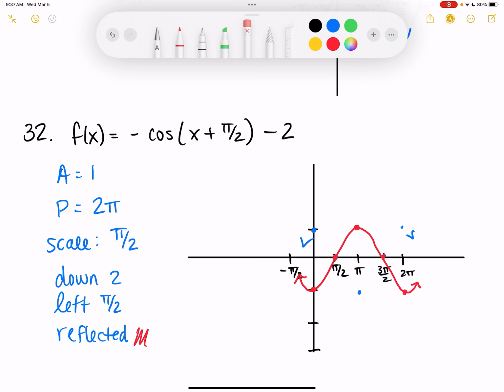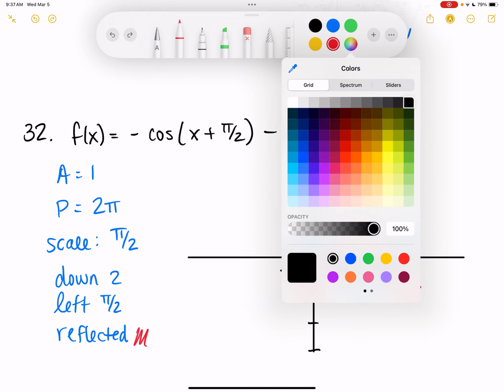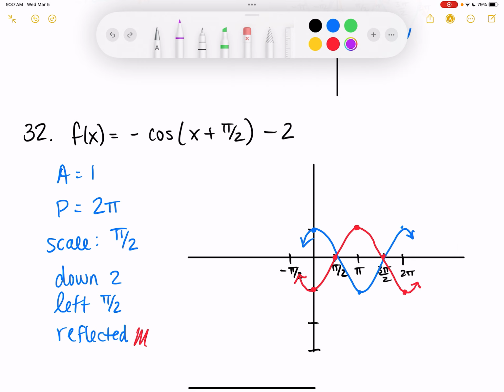Now, I will do the shifts in 1. So we go left pi over 2 and then down 2. So this first point here, left pi over 2, down 2. Here, left pi over 2, down 2.